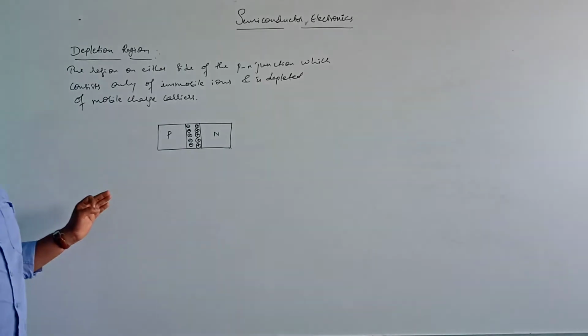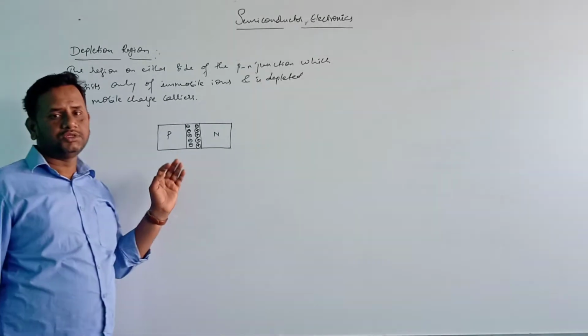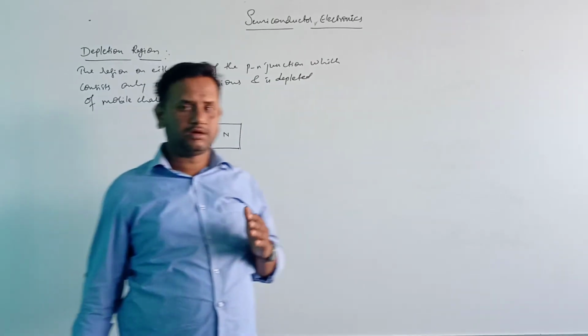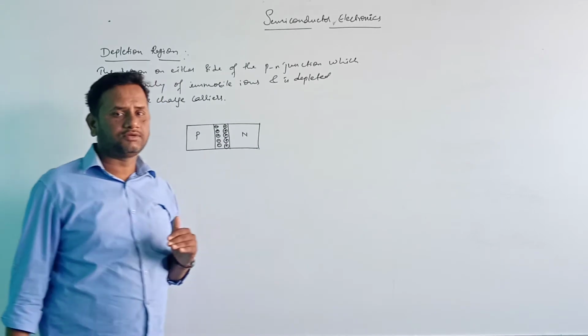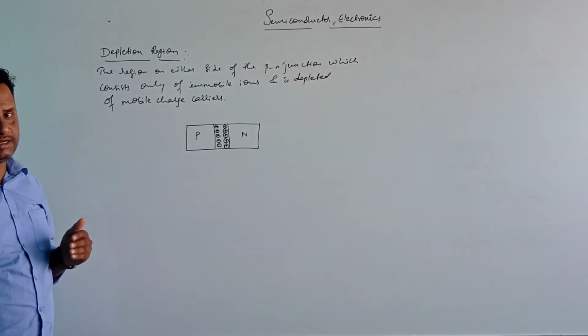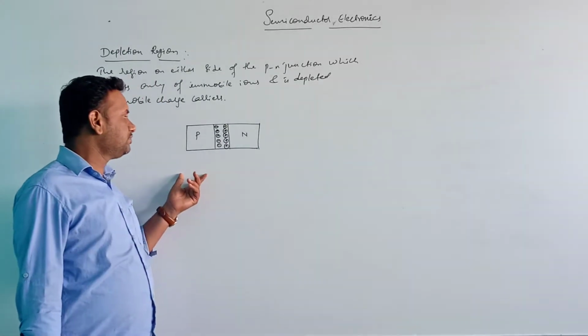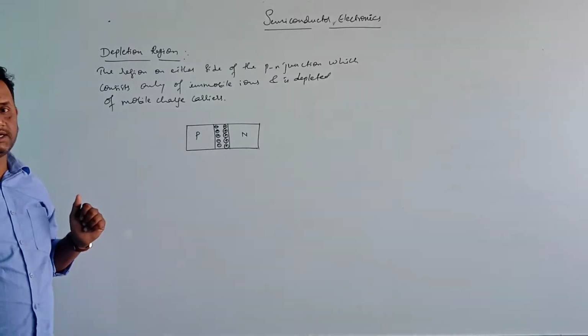In this PN junction, two processes occur: one is diffusion current and the other is drift current. So what is this diffusion current?